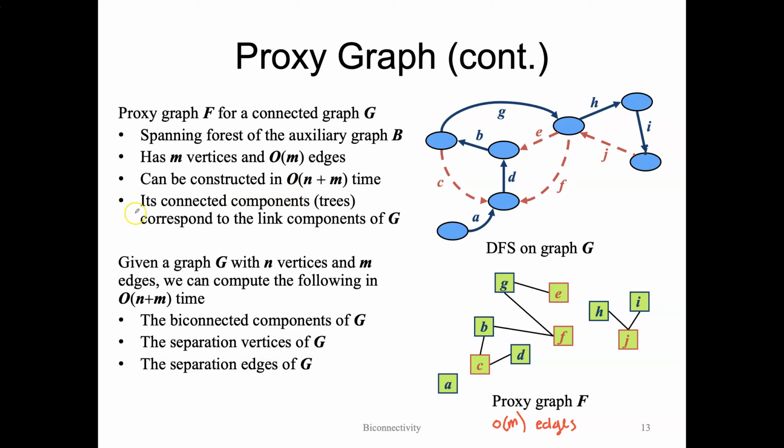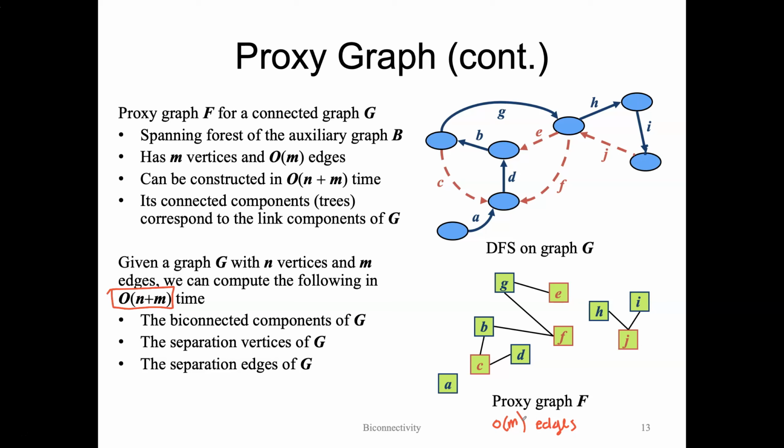We can find all biconnected components in n plus m time, because we've reduced the number of edges in our proxy graph. So this is no longer our bottleneck. This is no worse than the amount of time that we spent in running depth first search on our original graph and creating this proxy graph.